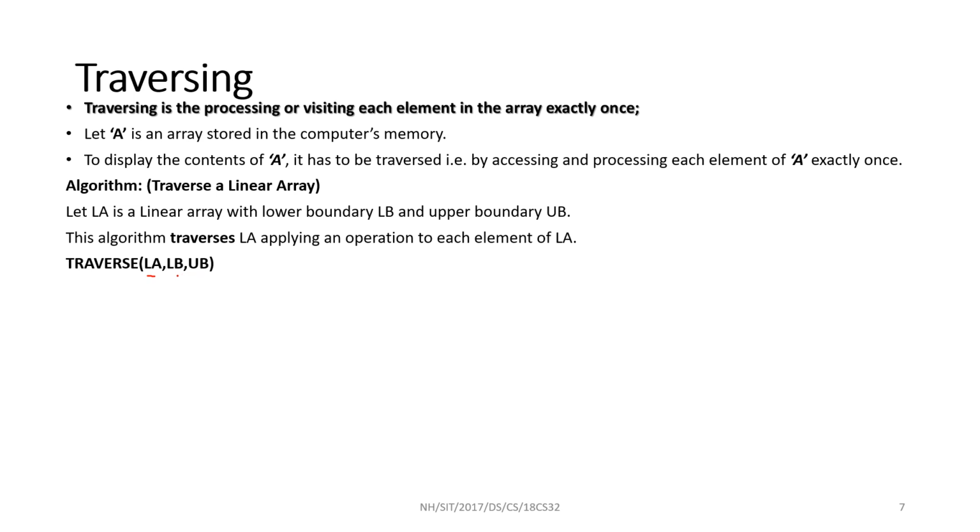At least two of the formats are required, such as LB or size, or LB or UB; any one of those combinations is required. Then we start from the lower bound, so we set local index k equal to LB. You repeat while k is less than or equal to UB.